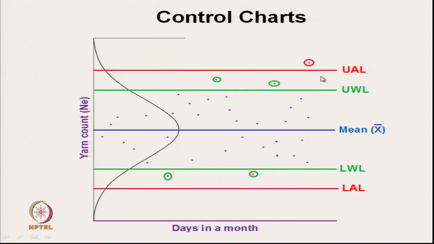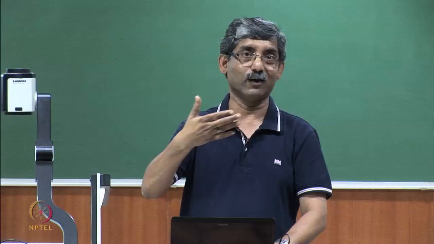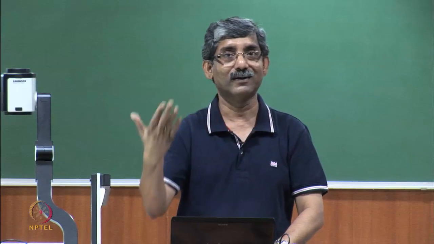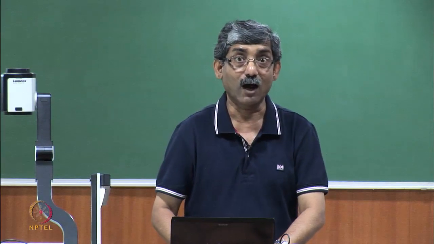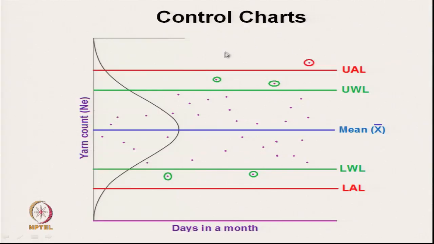Okay. And the advantage of this picture is that if I go to that shed or to the laboratory, I can tell what had happened throughout the month, and how many times it has crossed the warning limit.